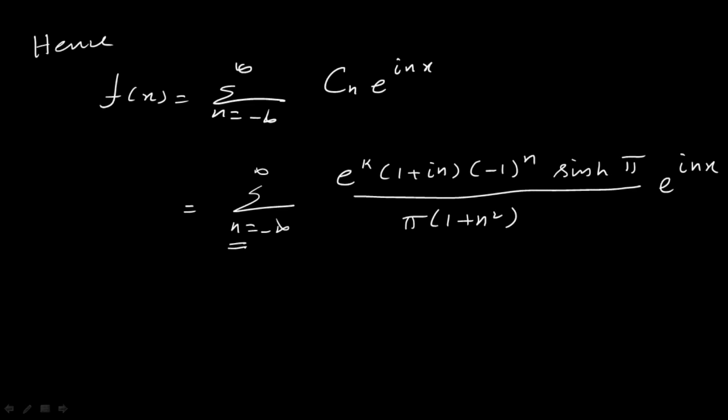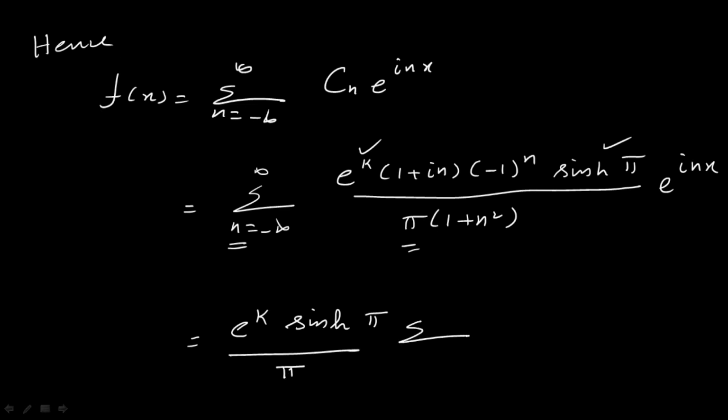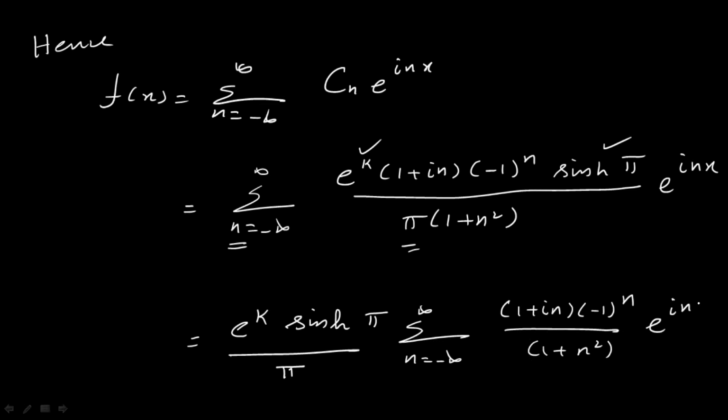Here the summation is only for n terms, so take the remaining terms outside the summation. Here e power k is a constant, sine h pi and pi, so take all of these outside of the summation: e power k hyperbolic sine pi upon pi, sigma n varies from minus infinity to infinity, 1 plus in, minus 1 whole power n, upon 1 plus n square, of e power inx.